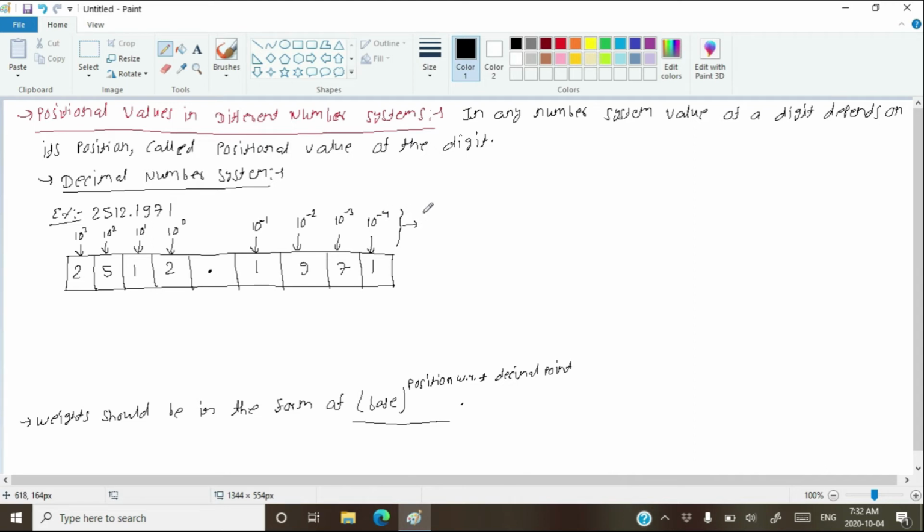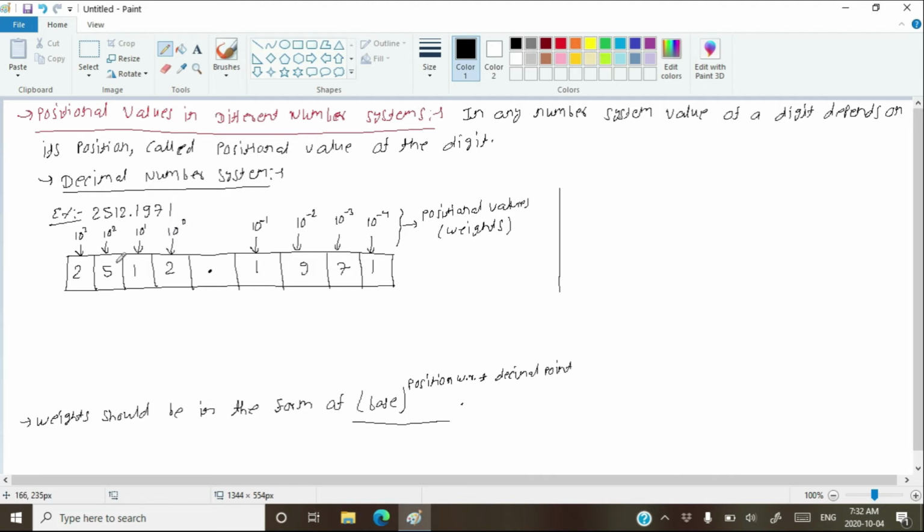The idea here is that when you multiply each digit with the corresponding positional value or weight, you will get the same decimal number as the output.